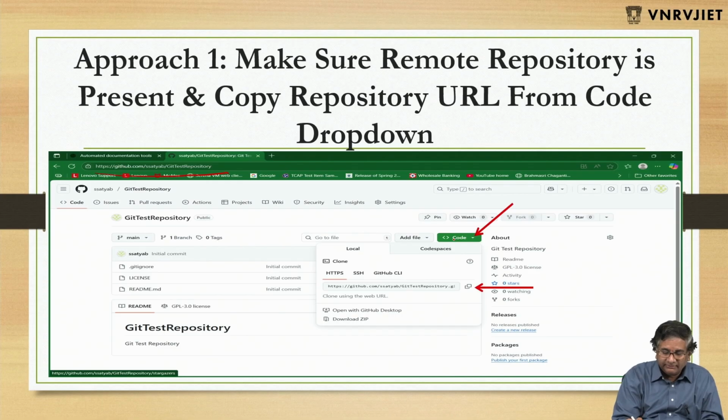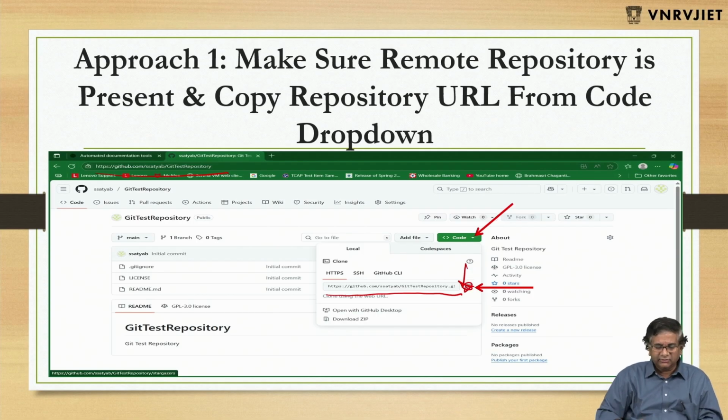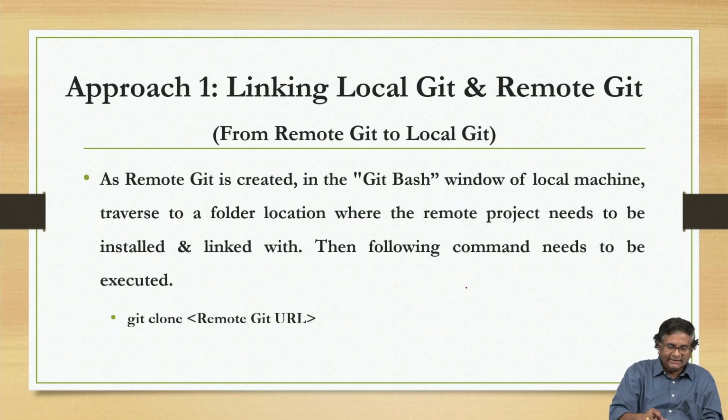Now you click on Code, and when you click on it, you see a pop-up drop-down. Under HTTPS, you see the Git URL. You can click on this icon, which copies the URL, or you can copy it manually. So first you do that.